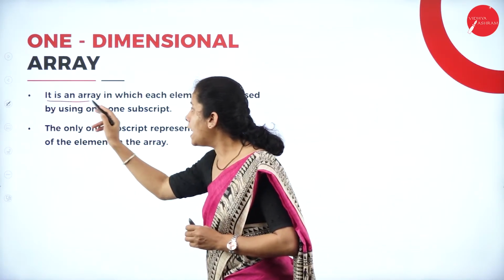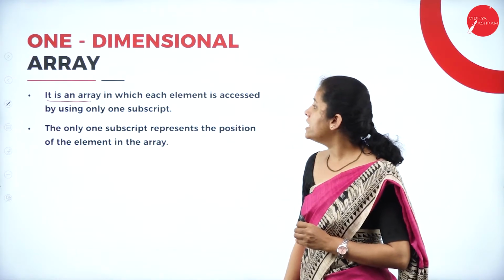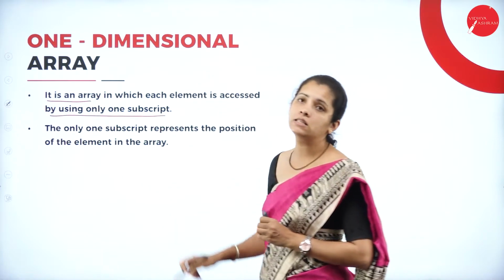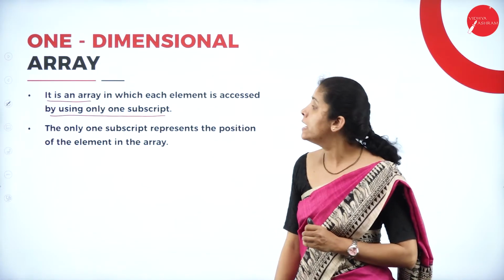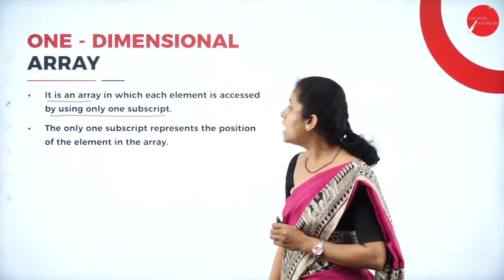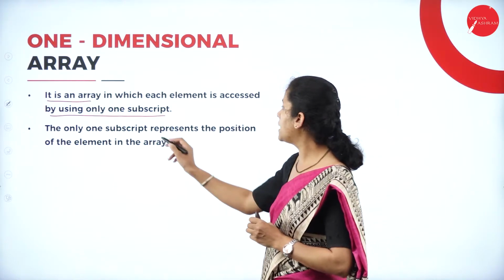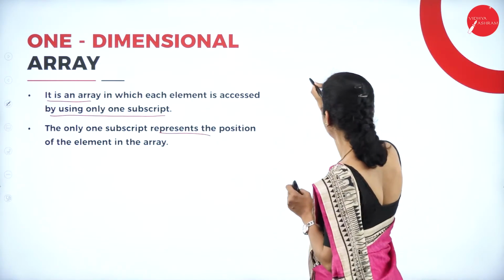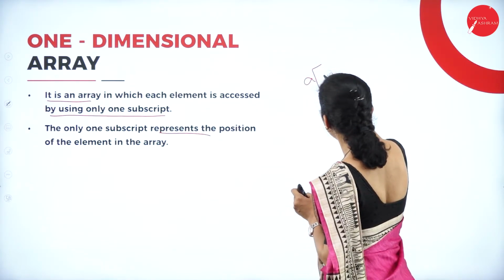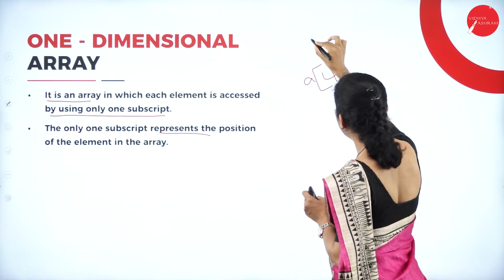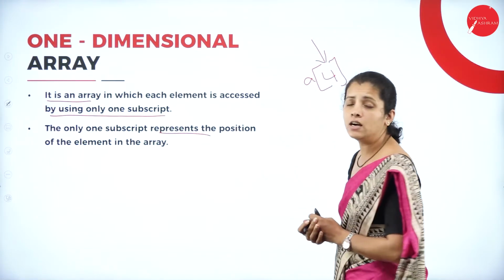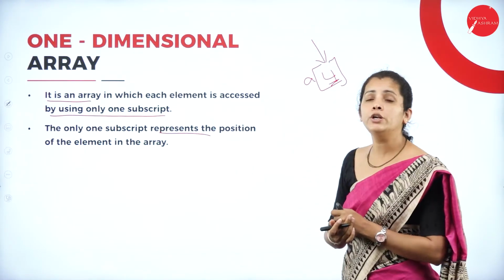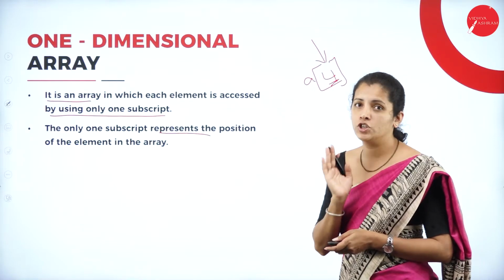So it is an array in which each element is accessed by using only one subscript or only one index, and that one subscript represents the position of the element. For example, if I have A of 4, how many indices do I have here? Only one, and this 4 is going to represent the position.